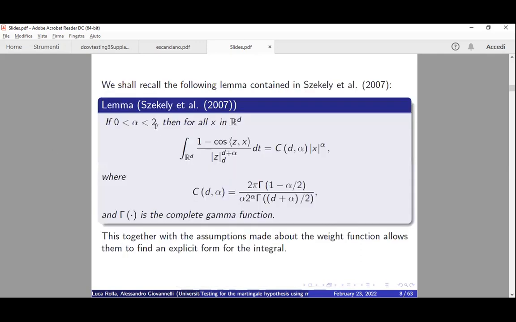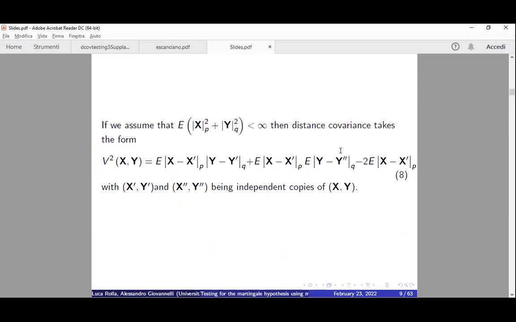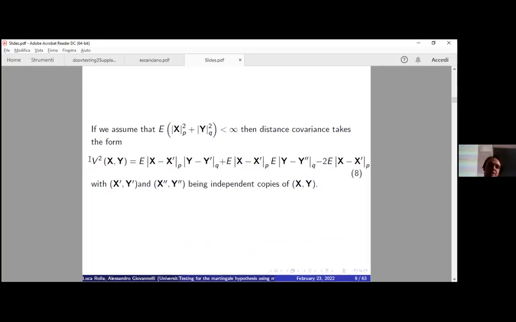And this lemma is actually the reason: by making that assumption on the form of the weight function, they are able to solve the integral, so that when you consider distance covariance, you do not have to consider any integral term. This is the form they get from the lemma and the assumption on the weight function.